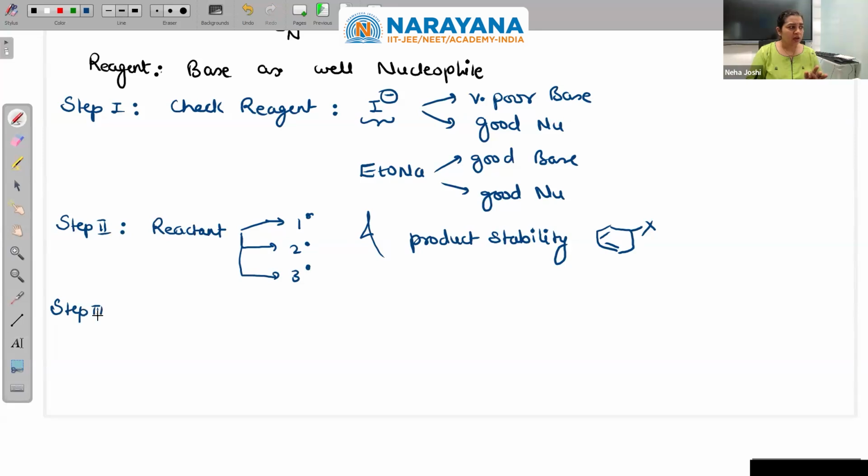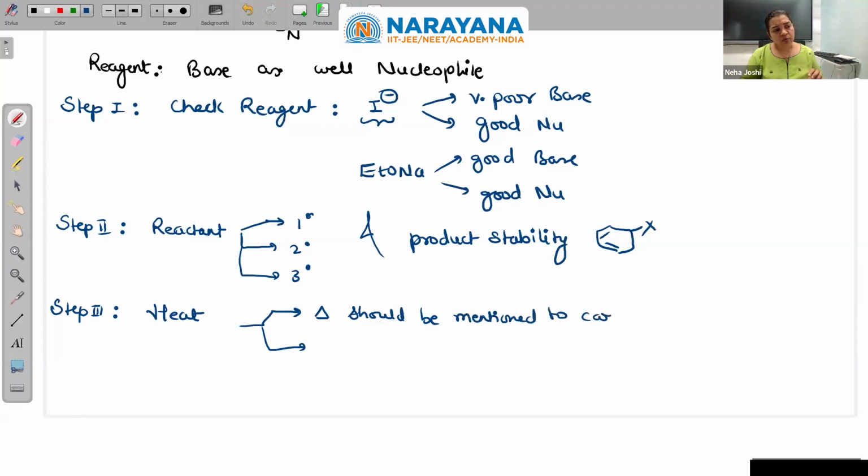Step number 3, you check heat, temperature, whether this is given or not, because most of the time I can assure you that heat should be mentioned to carry out elimination. That is quite a basic requirement for a reaction in which elimination will dominate.